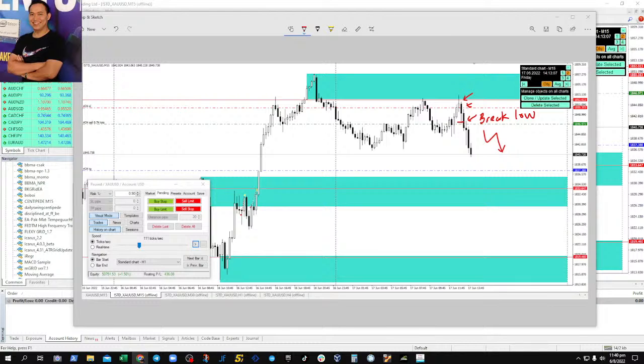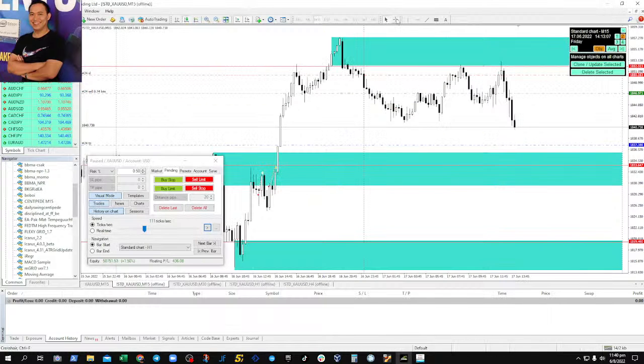Wow. What time is that trade? This trade is at 6:15 p.m. So the PNL is 436.